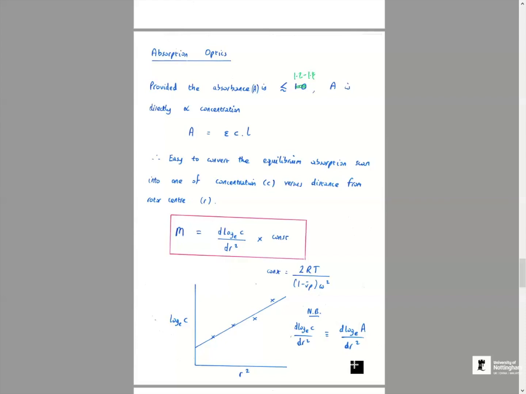So the unit of the slope is centimetres to the minus 2. It doesn't matter what the concentration units are. We don't have to convert from absorbance units to grams per mil. We don't need to know what the extinction coefficient is. It's that easy. All right? Clear?